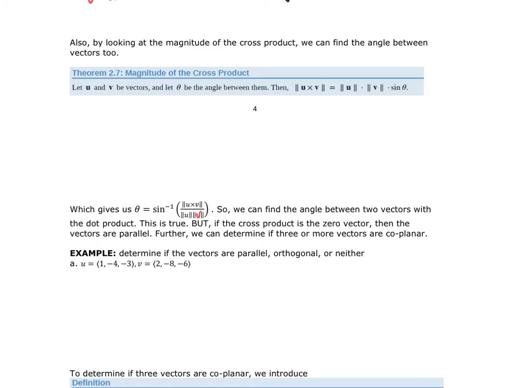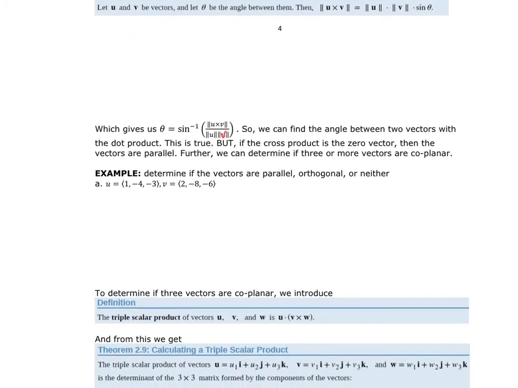And why do we care? Well, we can use this to determine whether or not I have coplanar or parallel vectors. So I can determine whether or not all the vectors are on the same plane. I can also determine if two vectors are parallel. The way I do this is with the cross product.